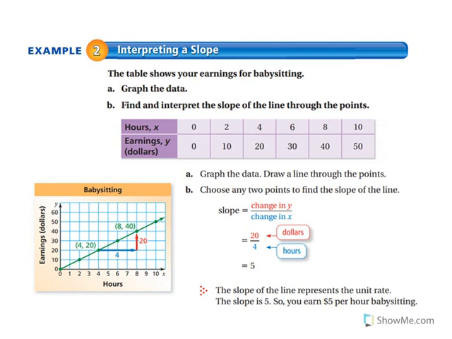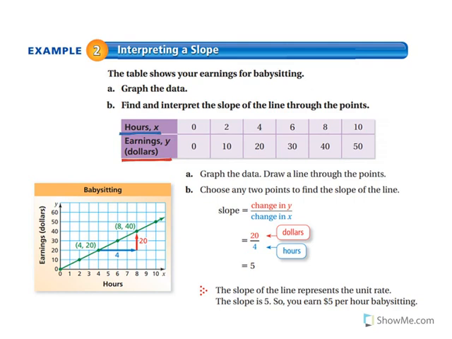In our second example, we're given a table, and it asks you in part A to graph the data from this table. The table shows your earnings for babysitting. We have our hours, which would represent our X values, and we have our earnings in dollars, that's our Y values. So we can go ahead and plot these points.